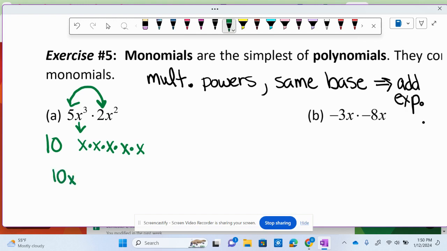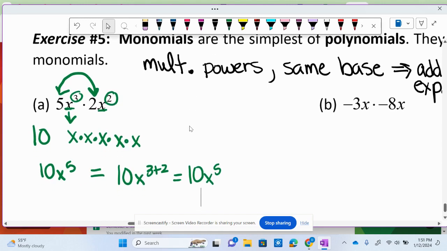So that's really 10x to the 5th, which is no different than what the rule says. The rule says if the base is the same, x is your base, it's the number that you're raising to the power, you add the exponents. 10 times x to the 3 plus 2. Well, 3 plus 2 is 5. So 10x to the 5th.